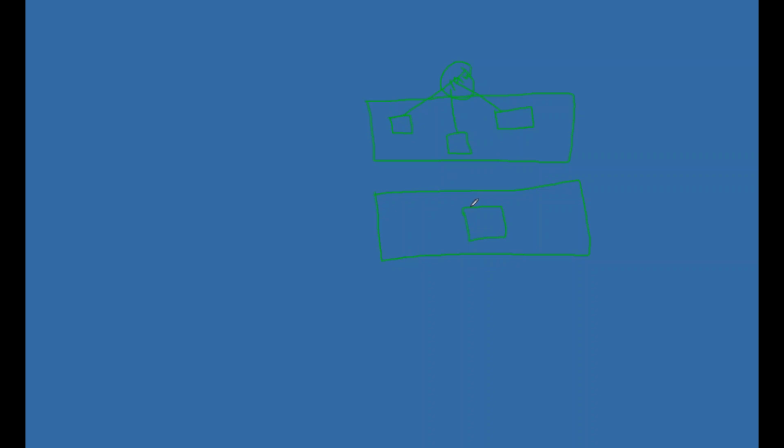But in the private subnet's routing table, you will specify 0.0.0.0 can go to where? Can anybody tell me? It will be the IP address of this computer, yeah, the NAT.